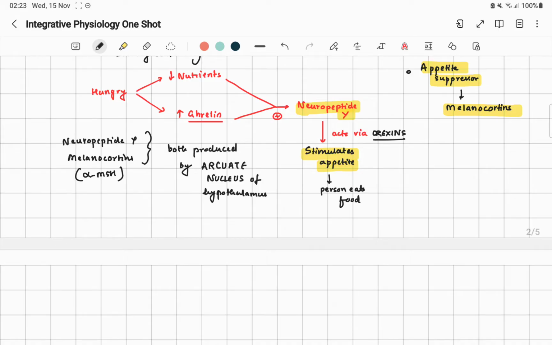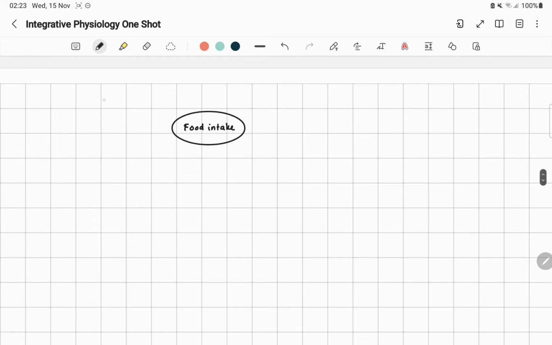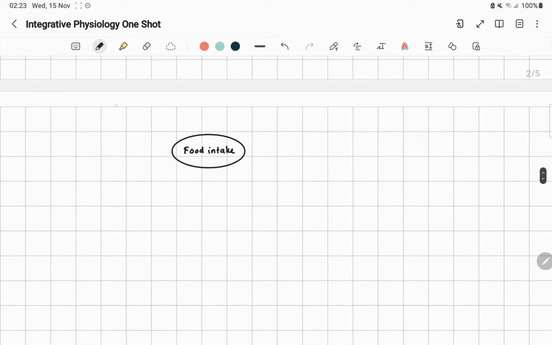What are the various factors that can influence food intake? Many factors can stimulate or suppress food intake, how much food you take and how much you don't. Factors deciding food intake include social customs, which may increase or decrease your food intake.